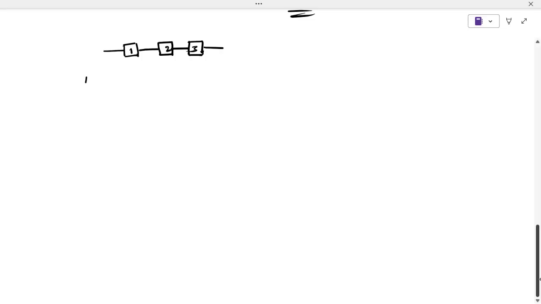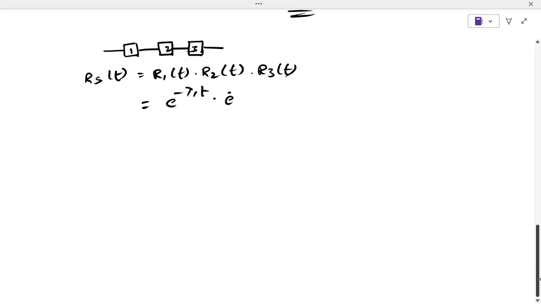So now Rs of t is equal to R1 of t into R2 of t into R3 of t. That is equal to e power minus lambda 1 t into e power minus lambda 2 t into e power minus lambda 3 t.